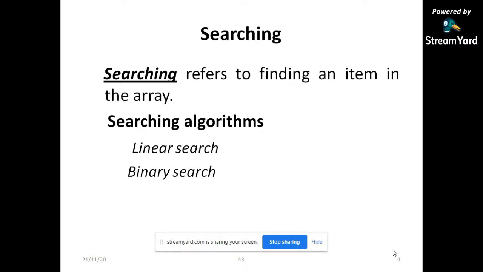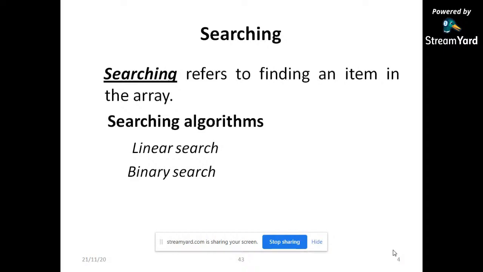Otherwise, if a match is successful at some instant, we will stop searching, come outside the loop, and give the message that the element you want to search is at such and such position in the array.